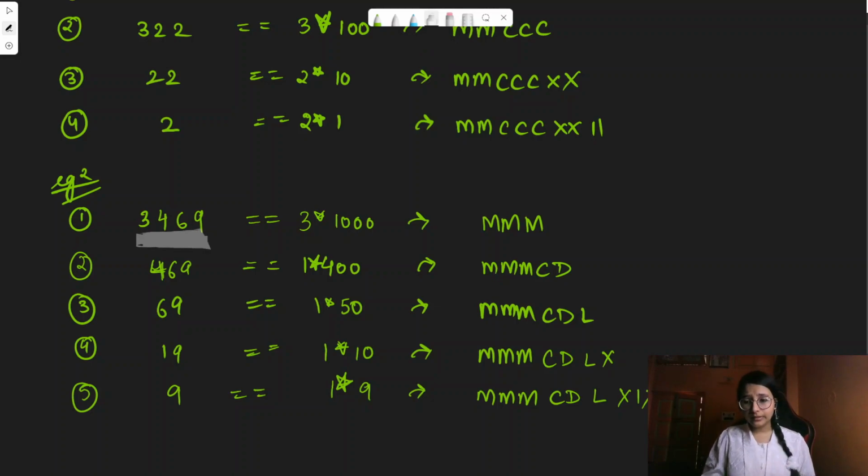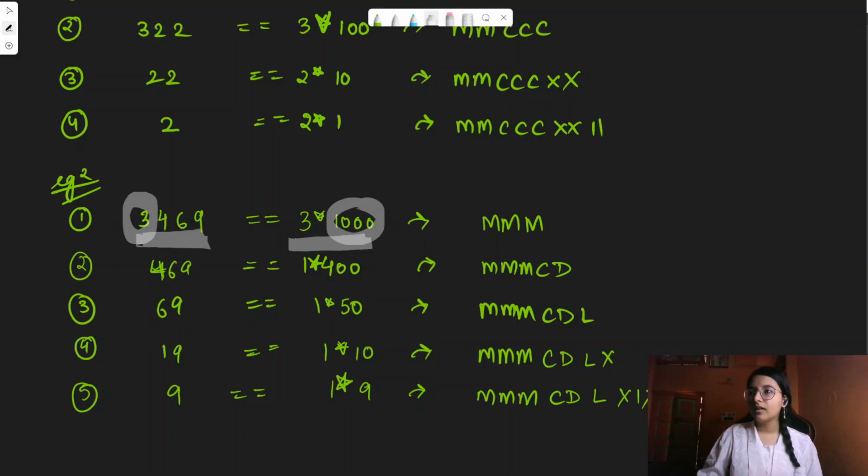In this 3469, the highest number which maps to this 3 is 1000, right? Then we multiply by 3 so that we get 3 times M, right? Now whatever we got, we subtract from this number, right? After subtracting that, we got 469, right?